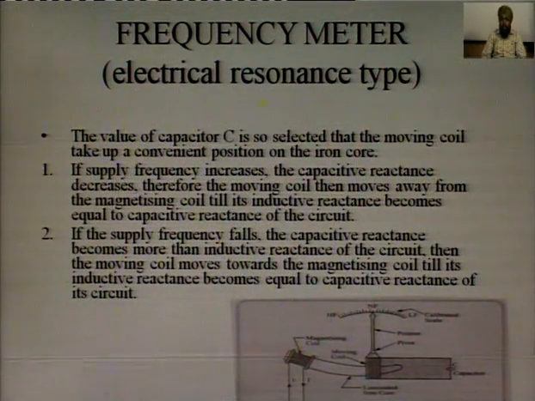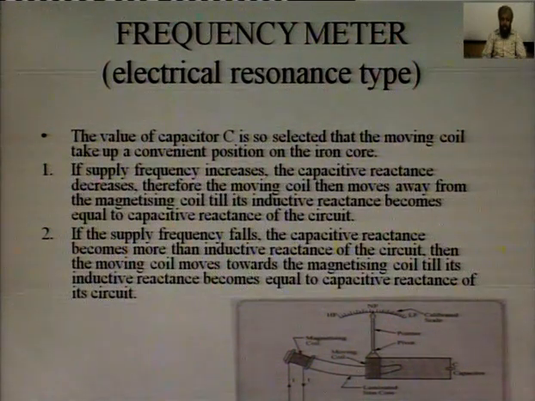If the supply frequency increases, the capacitive reactance decreases, because the formula of Xc is 1 upon 2 pi fC. Therefore, the moving coil then moves away from the magnetizing coil till its inductive reactance becomes equal to the capacitive reactance of the circuit.